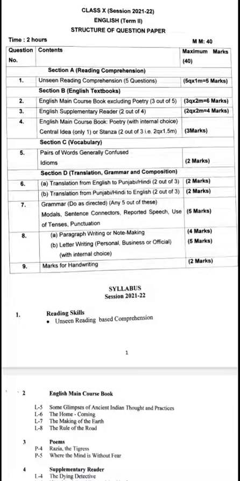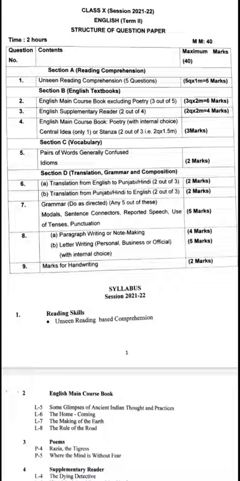So 1 mark for 1 sentence, total 2 marks. Then vice versa, that is translation from Punjabi or Hindi to English. Here again 3 sentences will be given and you have to attempt any 2 out of these 3. 1 mark for 1 sentence, so total 2 marks.